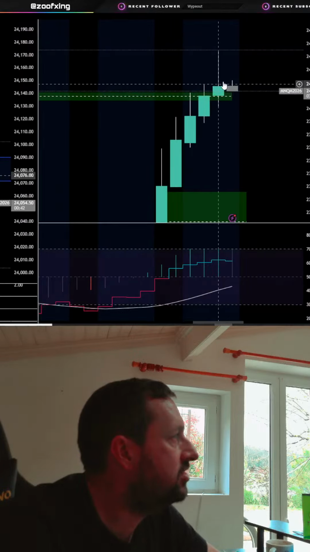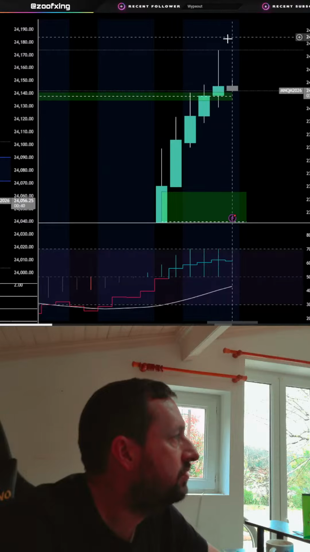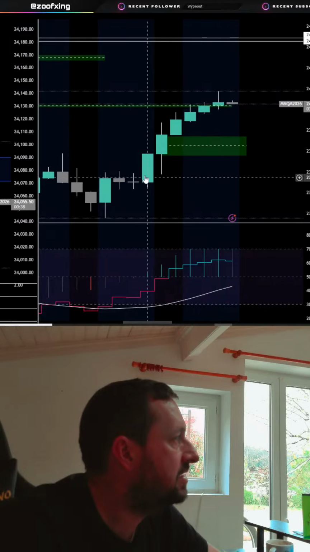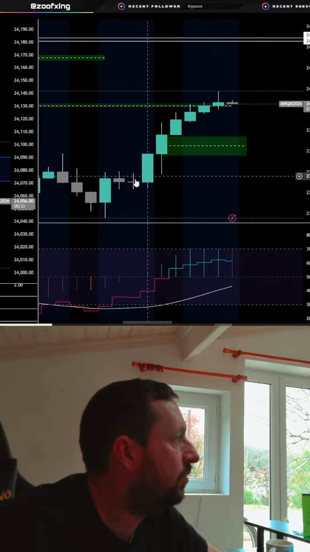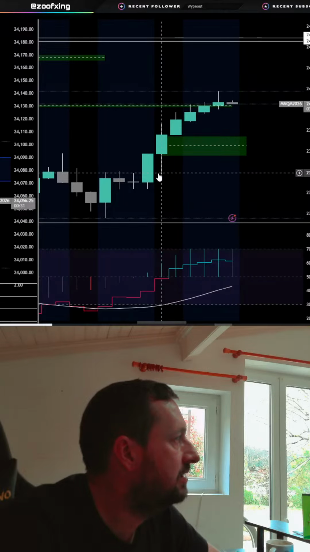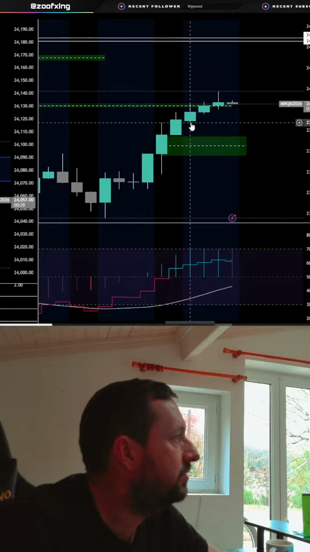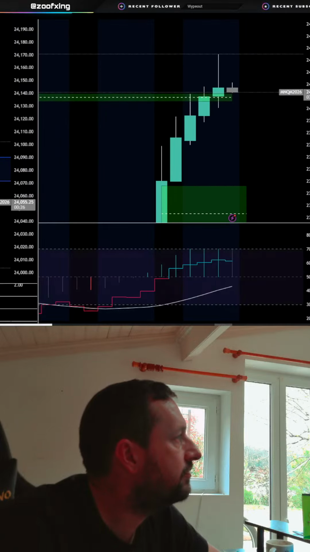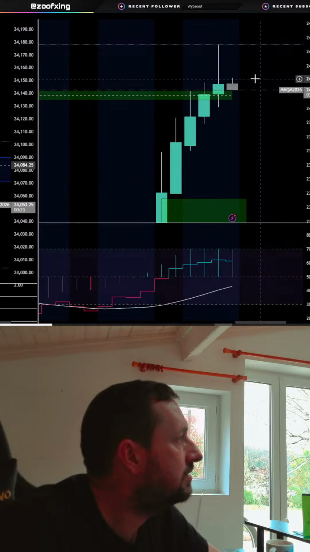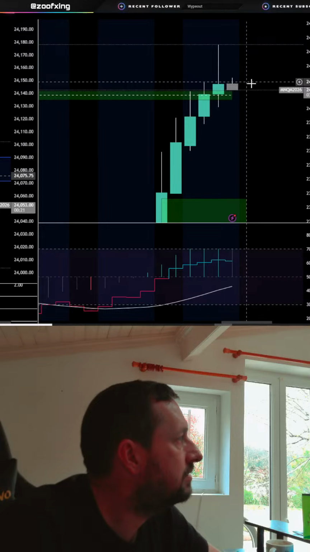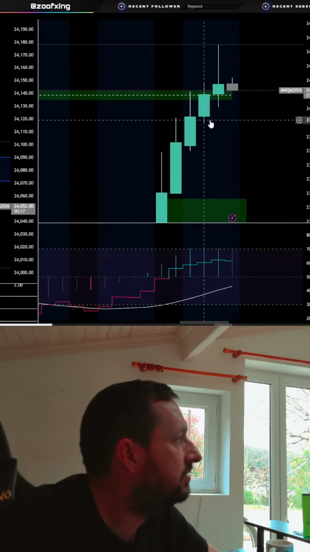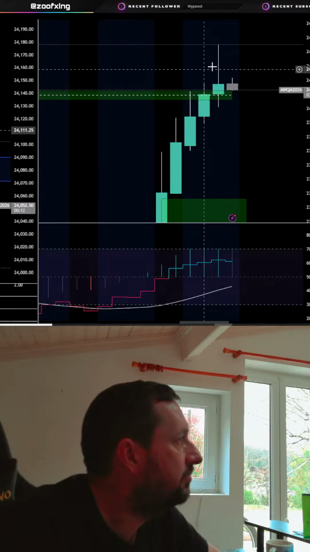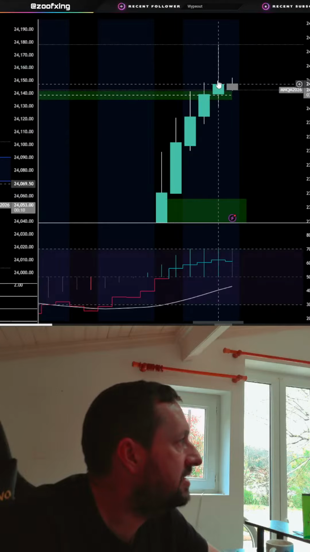It's been really efficient in the way that it's moved up, other than obviously this initial break. Everything's been really clean. Even that one retraced down, you can see, to the previous wick. It was super clean. This is the previous wick up here, so we're in a different situation now.